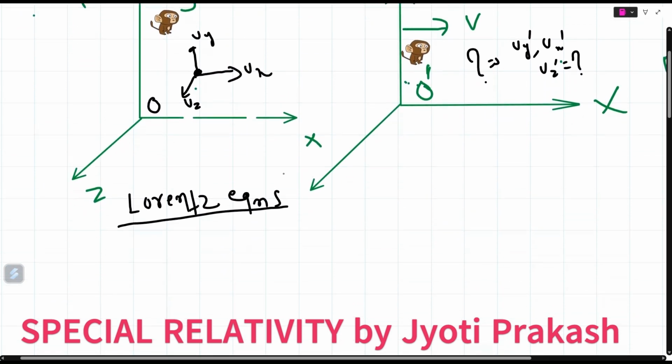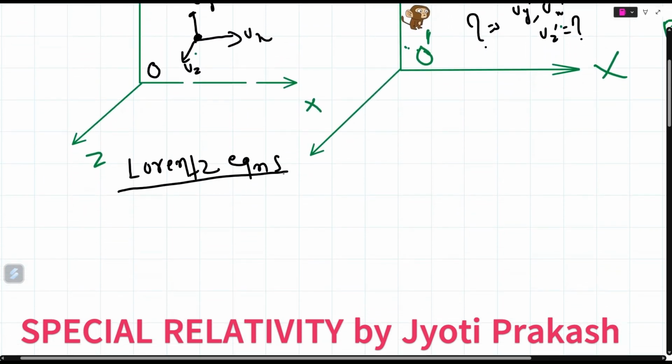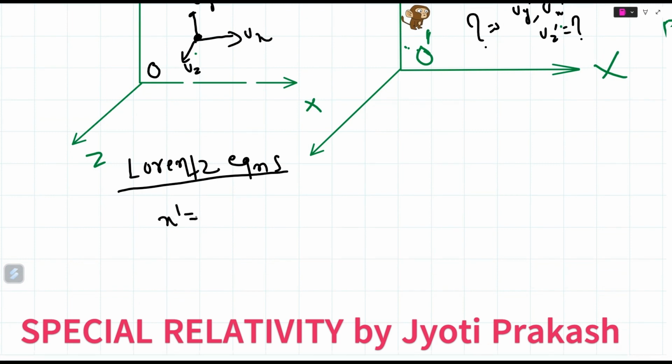So we can write x prime equal to gamma times (x minus vt), equation 1.